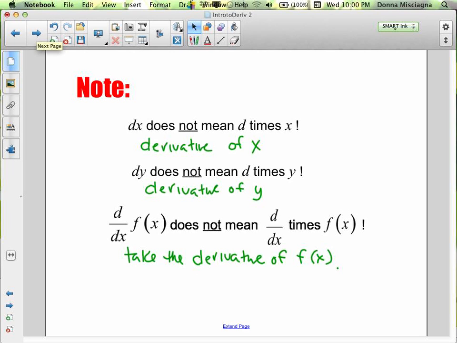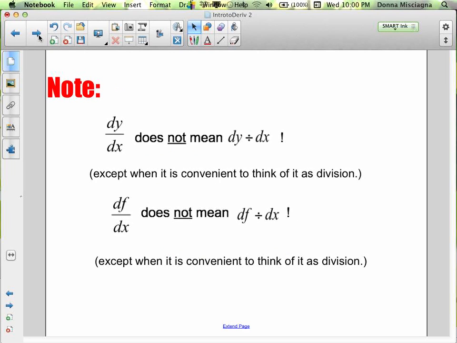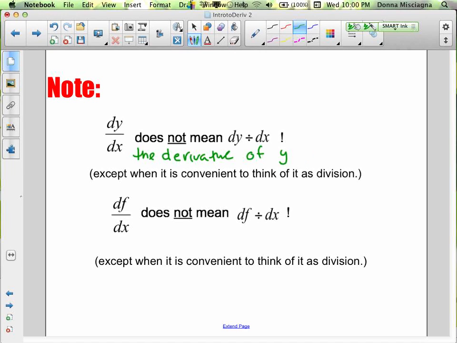Let's look at a few more things. So dy dx does not mean dy divided by dx. It means the derivative of y with respect to x.